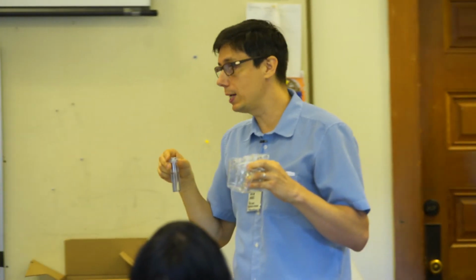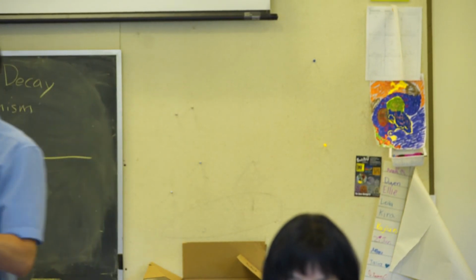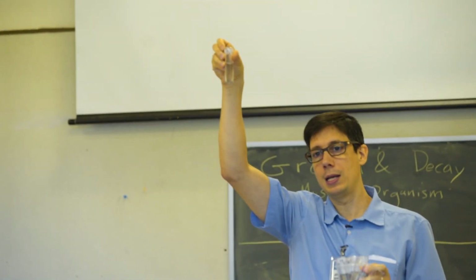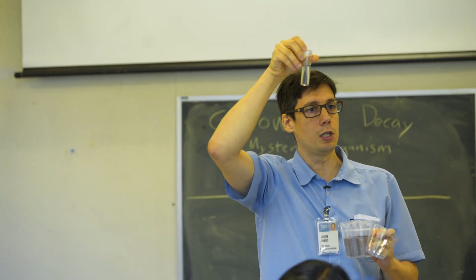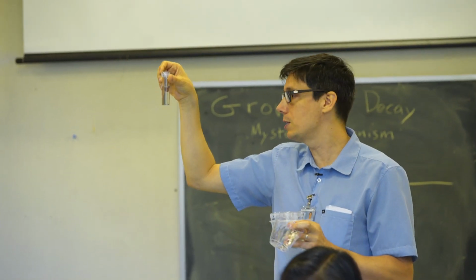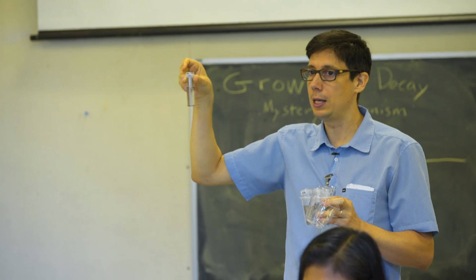Take a look at the drawing tips as well to give you some ideas. And we're just going to start by exploring this. You'll notice that there's a number on each of these. You also want to record the number because we want you to observe the same organism over time. So you're going to get this back on Wednesday and again on Friday.